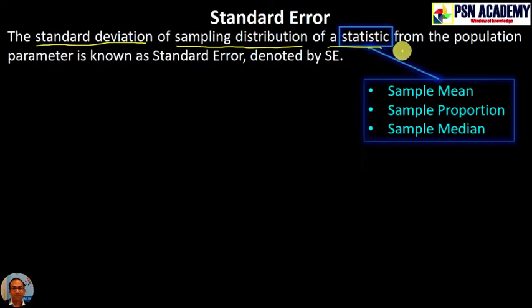And that standard deviation must be from the population parameter. For example, if your statistic is sample mean, then you have to take the standard deviation from the population mean. Okay. Now that standard deviation is called standard error and it is denoted by SE.